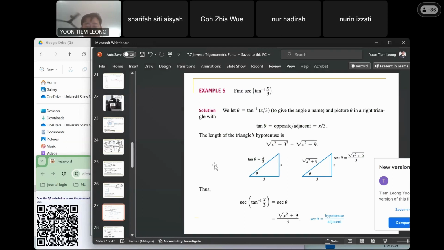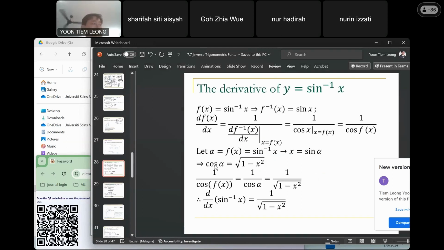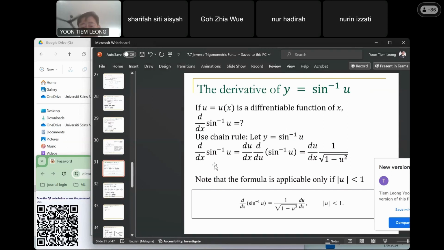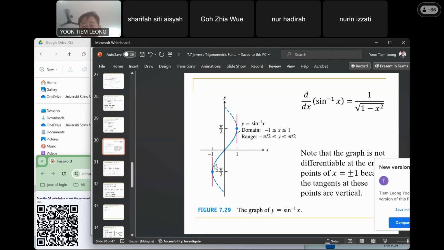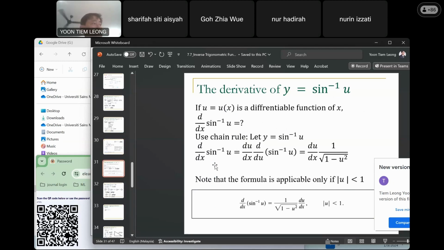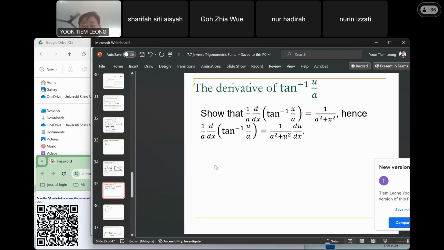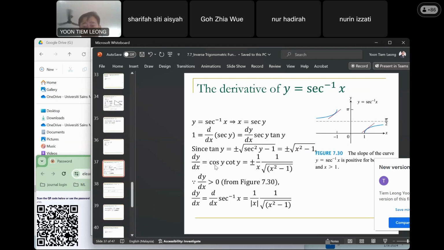We go to the next bit. Here we are going to talk about the derivative of the inverse trigonometric functions. There is a total of 6 derivatives, namely the derivative of arcsine, derivative of arctangent, derivative of arcsecant, and also the other 3 derivatives.